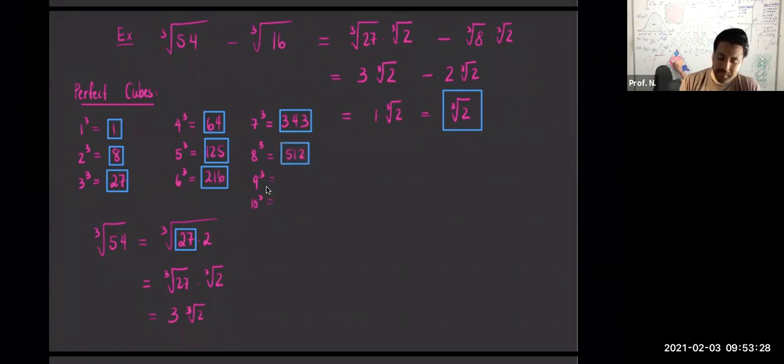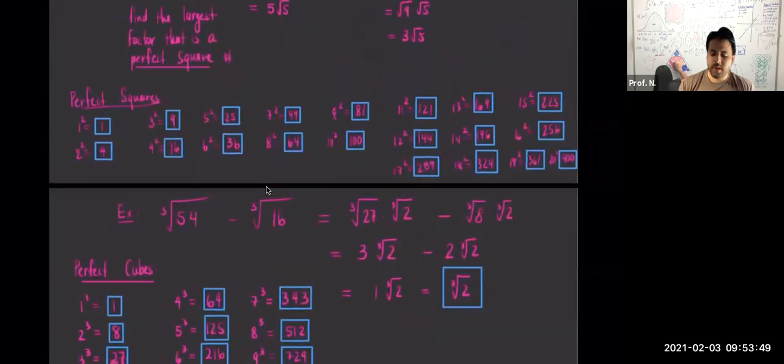And then finally, 10 cubed is 1000. Okay. Good. So these numbers, you should be able to recognize, hey, these are cubes. And so on and so forth. These are squares, perfect squares.